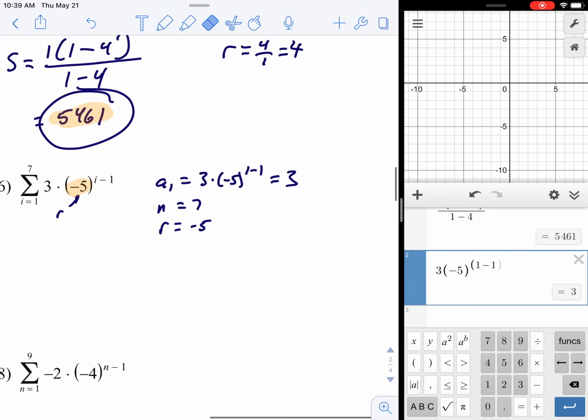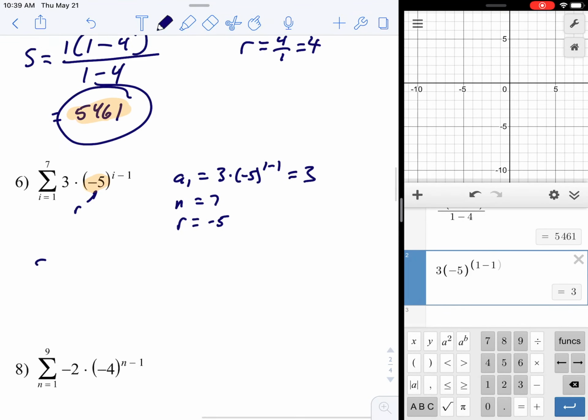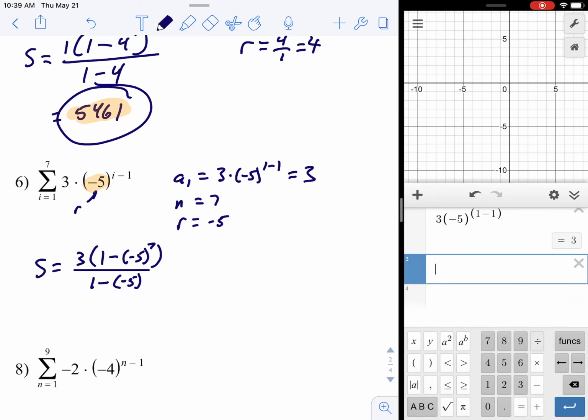So I need to do the formula. Sum equals fraction bar A1, which is 3, parenthesis 1 minus R, which is -5 in parentheses, to the 7th power, over 1 minus R, which again is -5. I should be able to just type this into Desmos and get my answer.